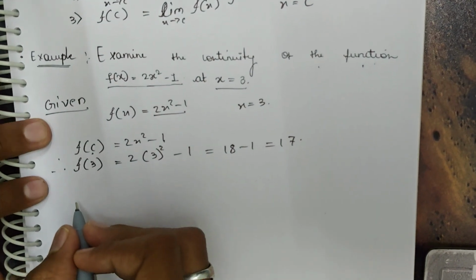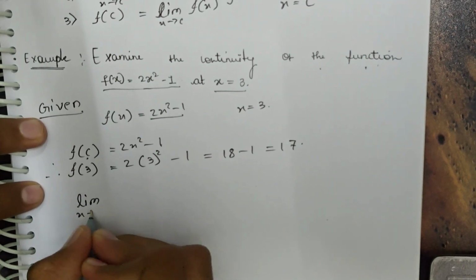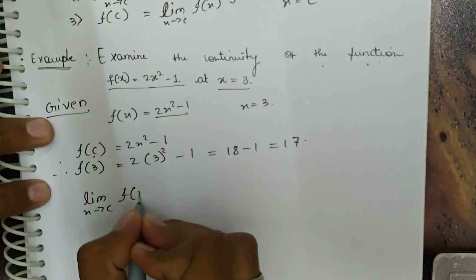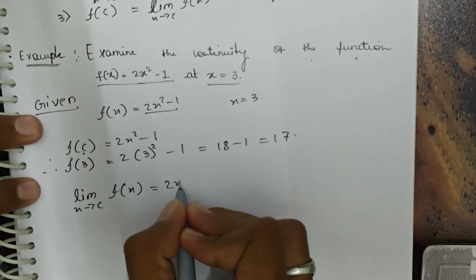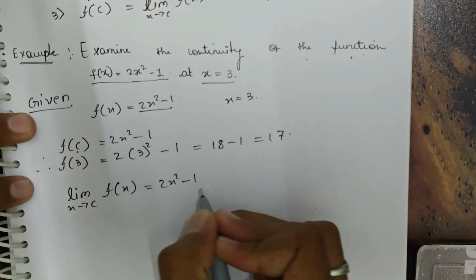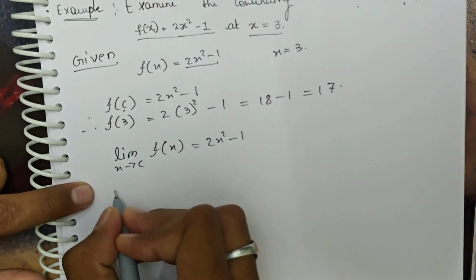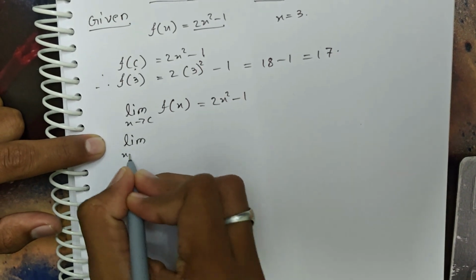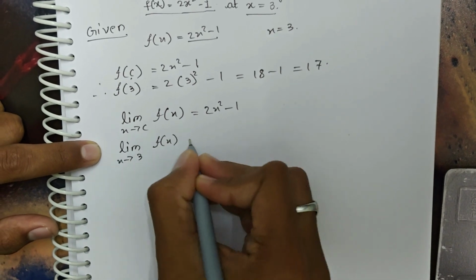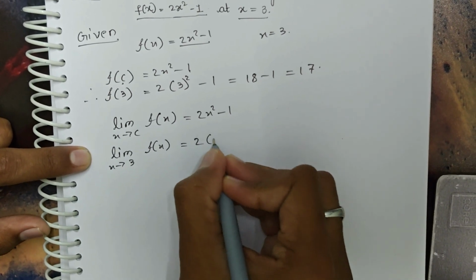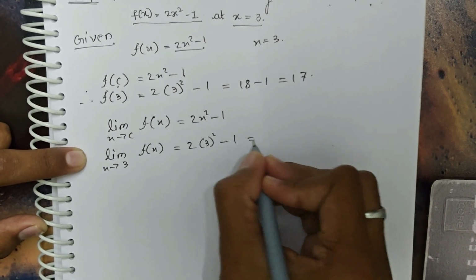And another one we have to find, that is the limit x tends to c of f of x. For this we have the same function, 2x square minus 1. Let's solve it: limit x tends to c, what is the c value? 3. f of x is 2x square minus 1, so 2 times 3 square minus 1.